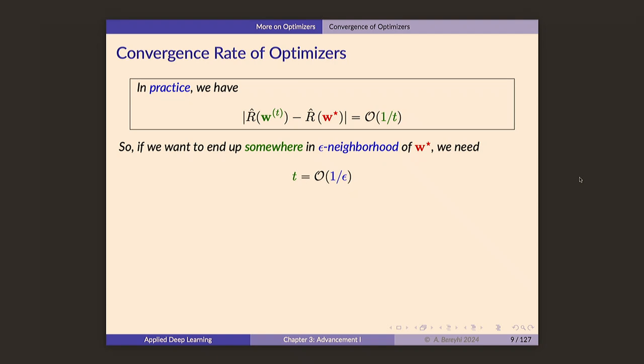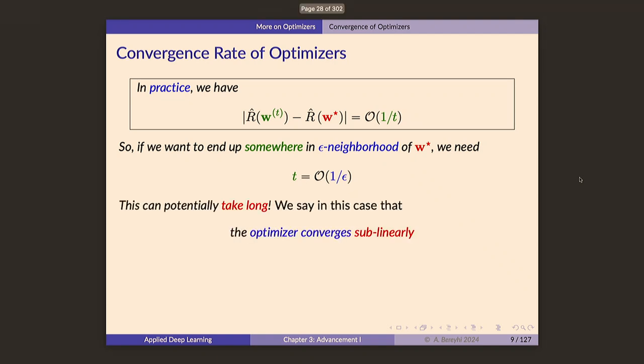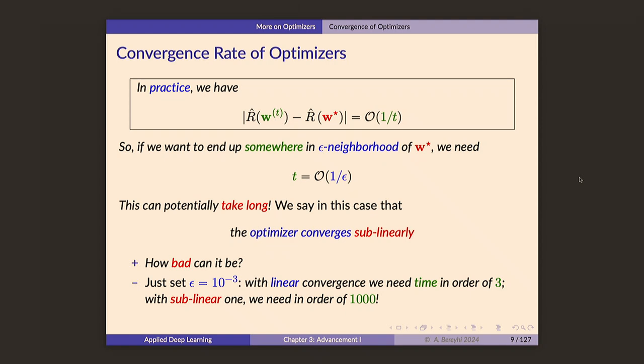So now let's check the order, for example. Say your epsilon is 10 to the power minus 3. If you have linear convergence, this is proportional to the logarithm of 1 over epsilon, which means that it's of order 3. Of course, it doesn't mean exactly 3 iterations, but a scale of 3 iterations. But if you're talking about the sublinear case, we call this one sublinear, in this particular case, which we have in practice, we need 1,000 iterations.